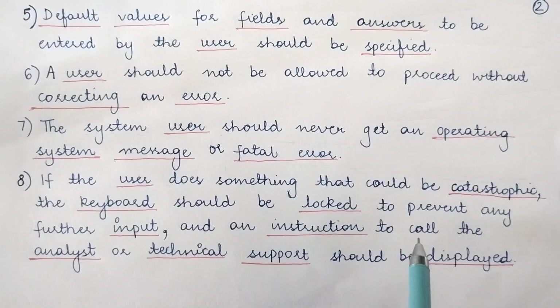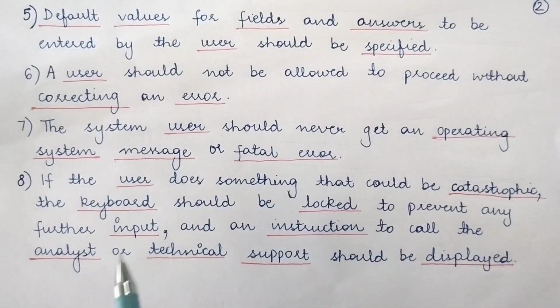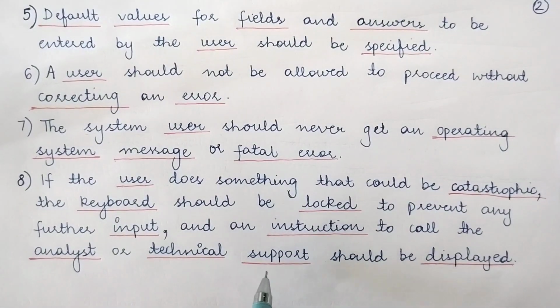An instruction to call the analyst or technical support should be displayed on the user screen so that he knows he has committed some kind of catastrophic error. The keyboard has been locked, and the next step is that he should call an analyst or a technical support person to undo that mistake.